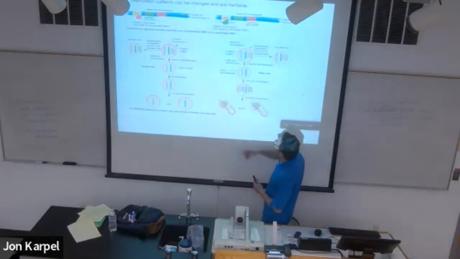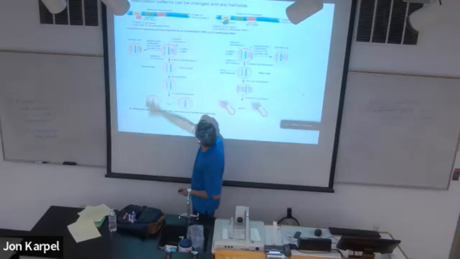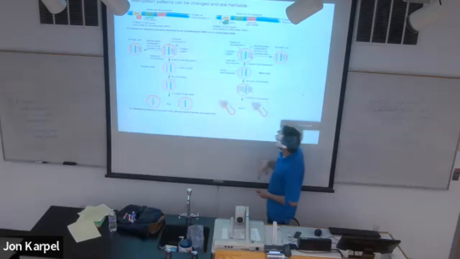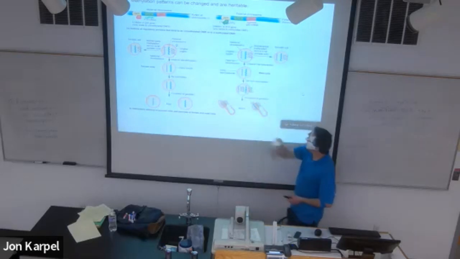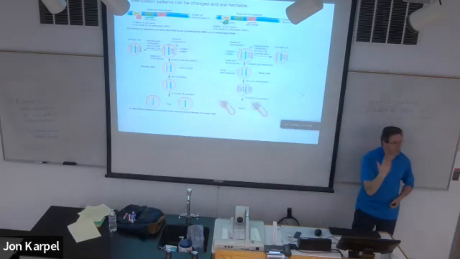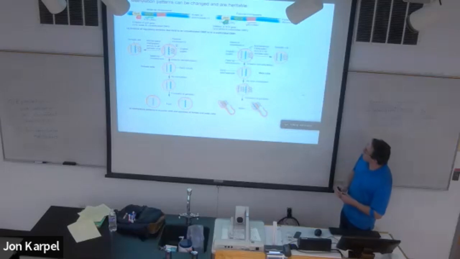So here's another view of it again. In the eggs, you kind of erase the methylation patterns. And in the males, they call it de novo. It's kind of from scratch, basically. So they basically methylate all sorts of different genes, okay?